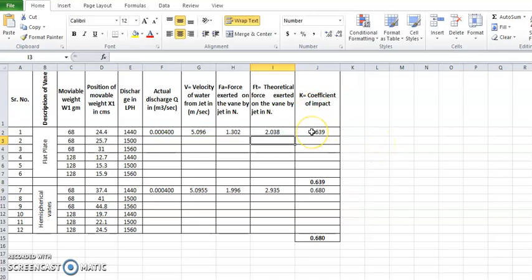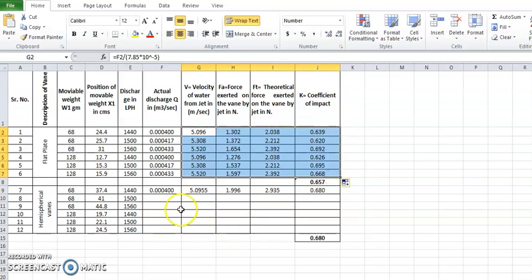Coefficient of impact, you can calculate that as Fa by Ft. With this you will be getting the coefficient of impact, which should lie between 0 to 1. You can drag the formulas for all the observations, and you can complete the calculation part of flat plate.